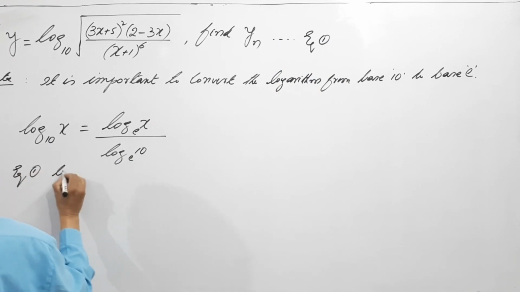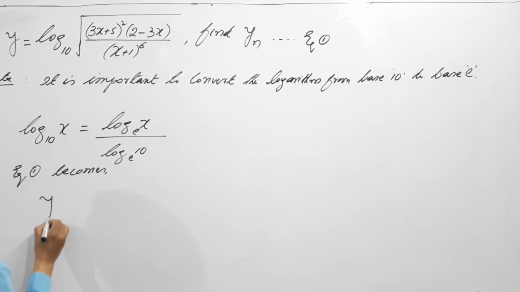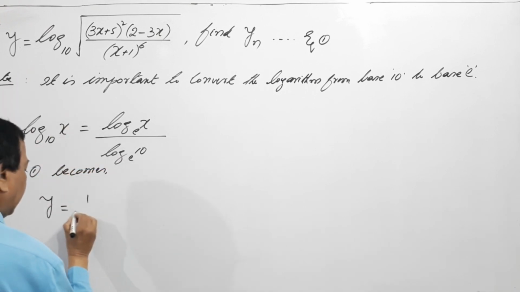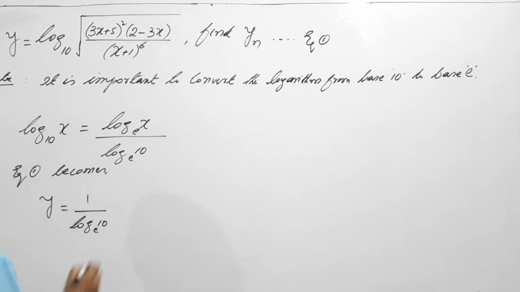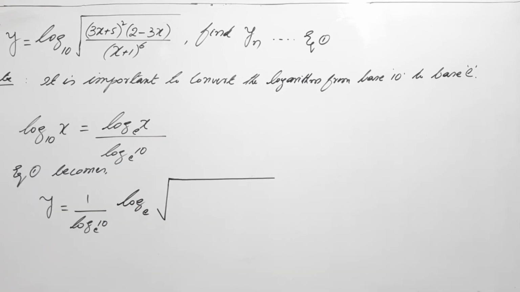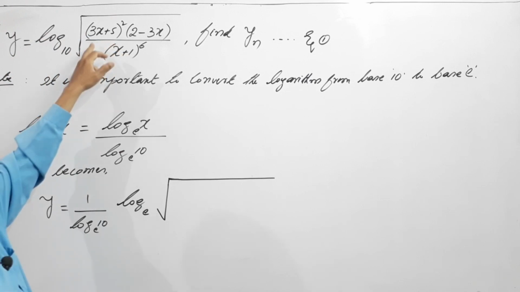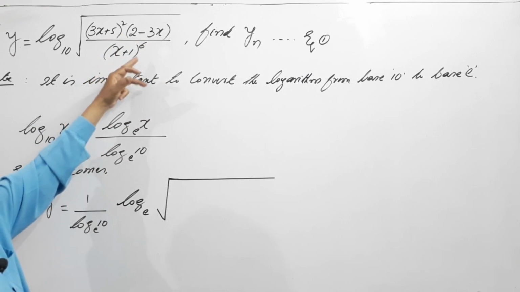Then equation 1 becomes what? y equals 1 by log 10 to base e, times log of the square root of ((3x plus 5) squared times (2 minus 3x)) divided by (x plus 1) to the power of 6.